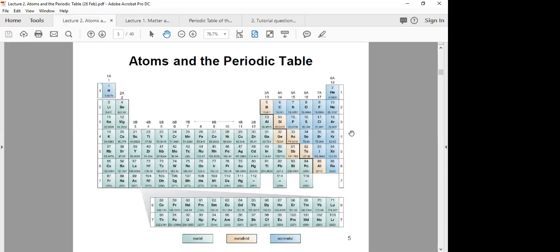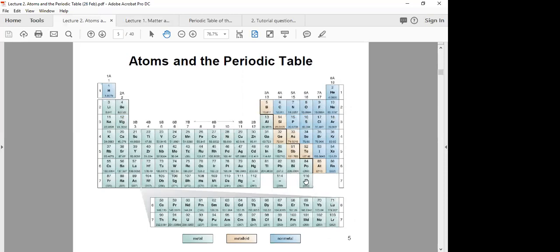Let's look at the total number of elements, and there's not many. Here we have only 103, so this is not a complete periodic table of the elements. We're actually up to about 118 as of 2016, but all the new ones that have been added here, sorry, we're up to here, not 103.